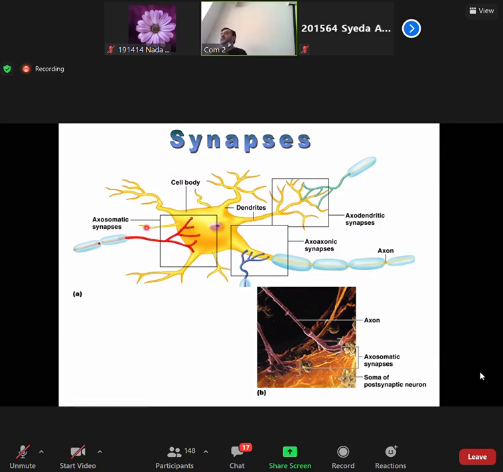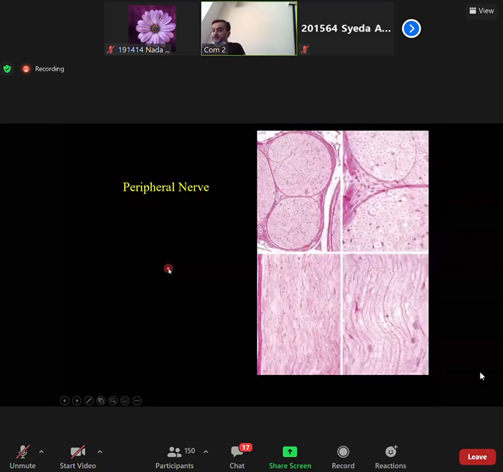So in terms of the structure, a synapse between axon and axon is axoaxonic. If it is a synapse between axon and dendrite, it is axodendritic, which is the most common one. And then you can have axosomatic, where the axon is synapsing with the cell body.